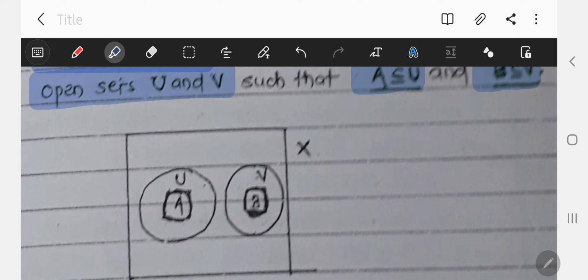Diagrammatically, in topological space X, there are two disjoint closed sets A and B. There exist two disjoint open sets U and V such that A is a subset of U and B is a subset of V, and U intersection V is phi.